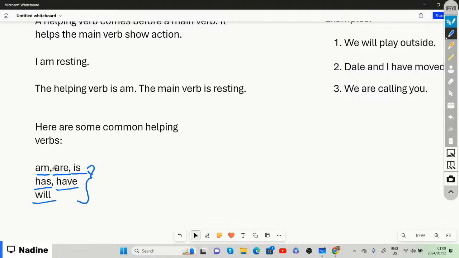We use one of these helping verbs within a sentence to help the main verb show the action. But depending on the tense that we're using, whether our sentence is in the present tense, past tense, or future tense, we will specifically use one of these words.